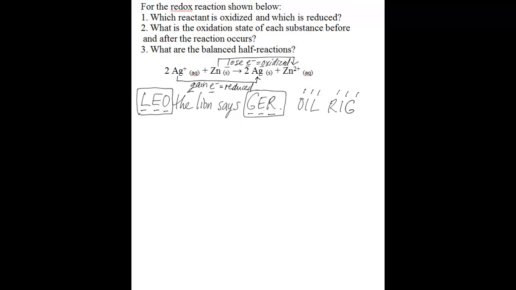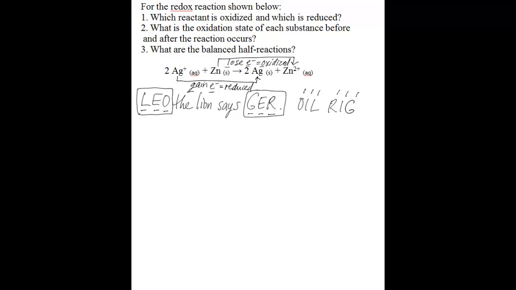So the second part of this problem is asking what is the oxidation state of each substance before and after the reaction occurs. So finding oxidation states can be somewhat involved, and there's a whole set of rules that you remember from your previous chemistry classes, but in this case it's pretty easy. So for cations and anions that are not polyatomic, the oxidation state will simply be the charge.